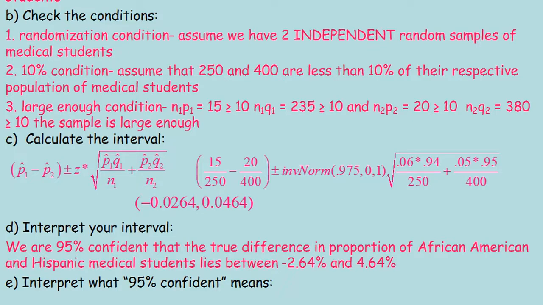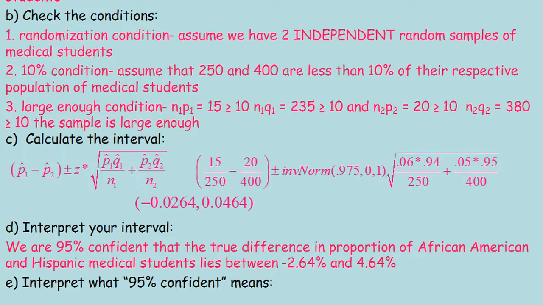So letter D, I would say we are 95% confident that the true difference in proportion of the African American and Hispanic medical students lies somewhere between negative 2.6% and positive 4.64%. So there's a very small difference. So most likely they're about the same proportion of African American and Hispanic students in medical school, because that's a very small difference, negative 2 to 4.6%. So you would interpret it that way.